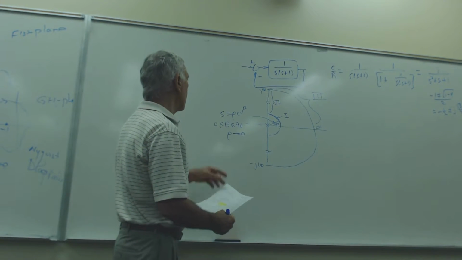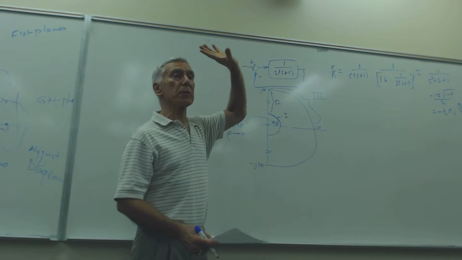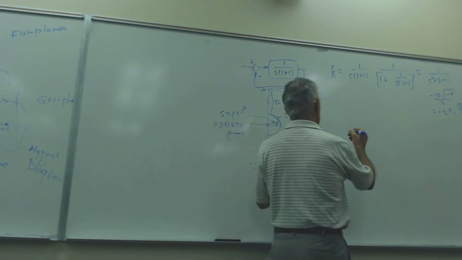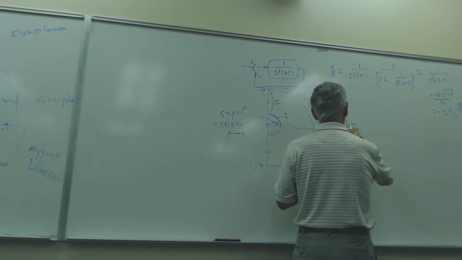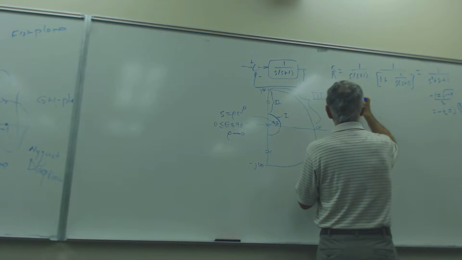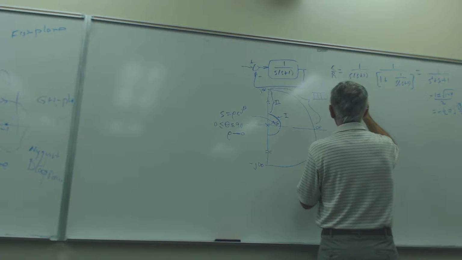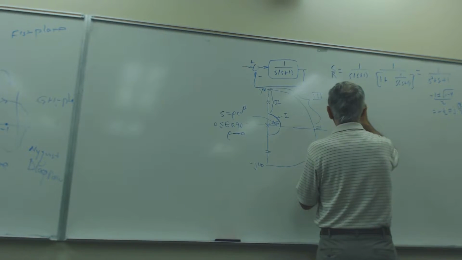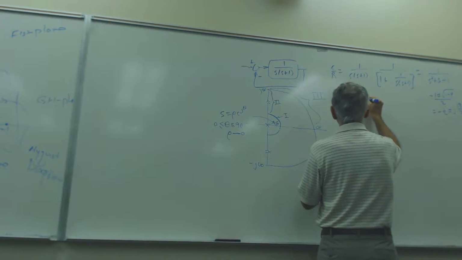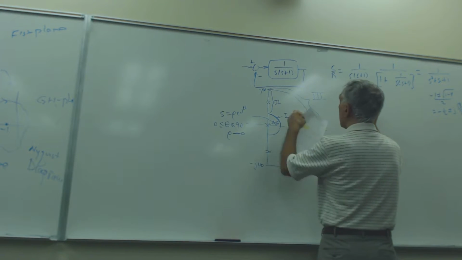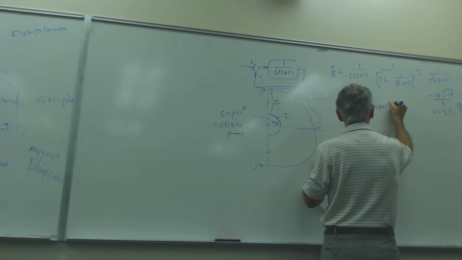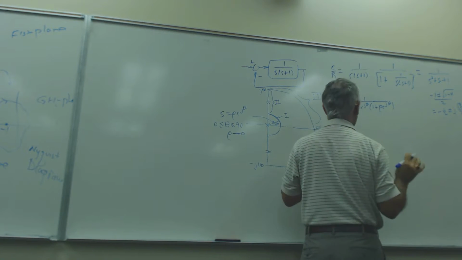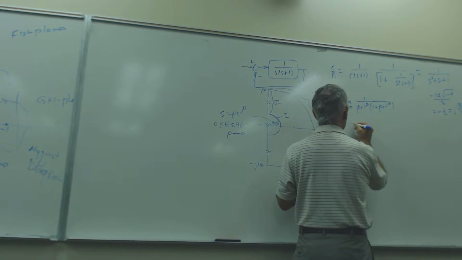In the open loop transfer function, we take the limit as rho goes to 0 of 1 over, I'll replace S now by rho e to the j theta, 1 plus rho e to the j theta. So what is that equal to?